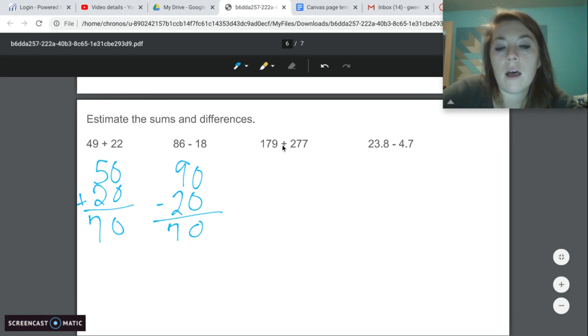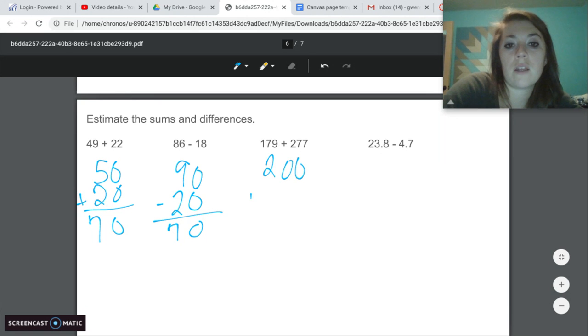Different things. For this one, we have 179 plus 277. So we could change this one to 180. We can make this one 280. We could round it up to 300. There's different things we could do. We could take this one up to 200 and this one up to 300.